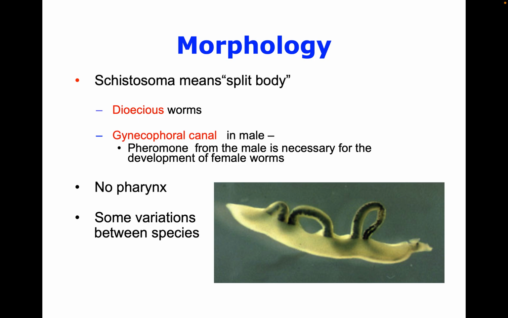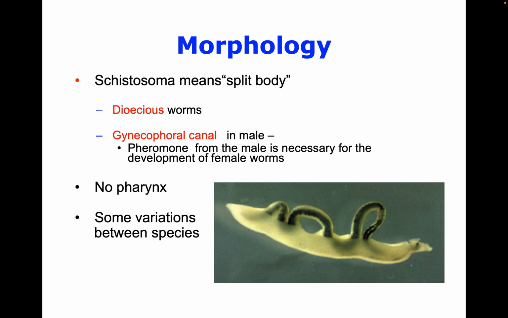And now let's look at the morphology. These flukes have 2 different gender individuals. In the male, there's a kernel, and the kernel is called the gynecophoral canal. The male and female need to couple together, and after they couple together, their hormones will be excreted, and both genders will develop into adults.